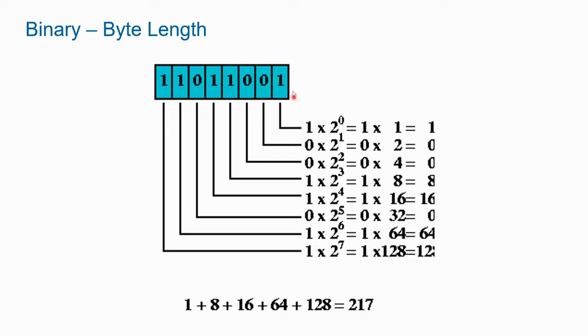So this is basically the ones bucket, and then the 2s, 4s, and so on. What we mean by that is we're going to take this first one, and this is basically 2 to the power of 0. So if there's a 1 there, we're going to say 1 times 2 to the power of 0. That's how we will get that back into a decimal number, or a base 10 number, essentially.